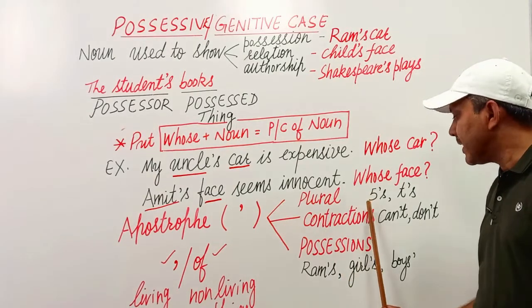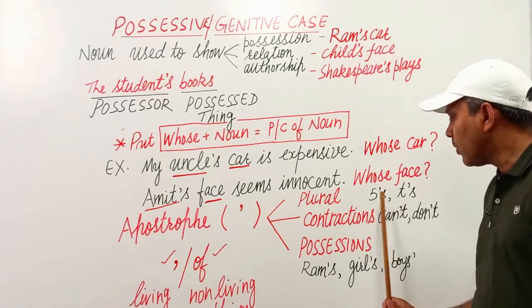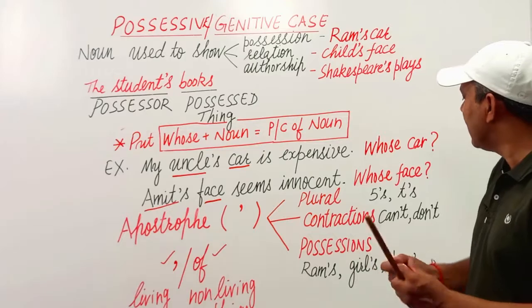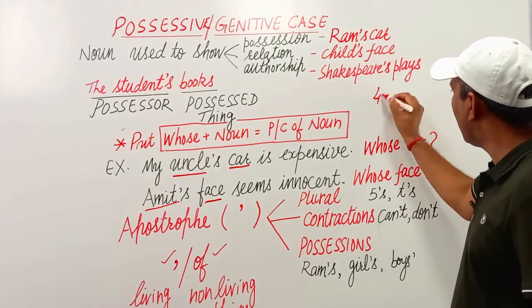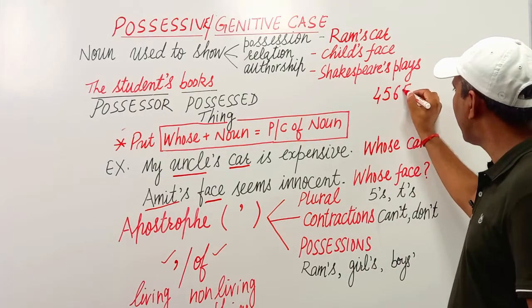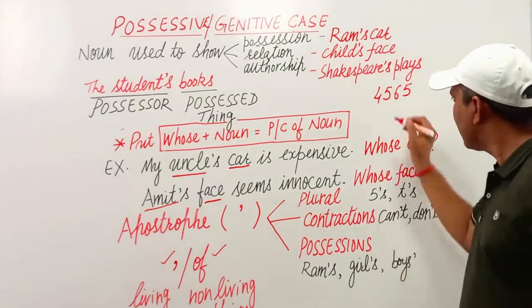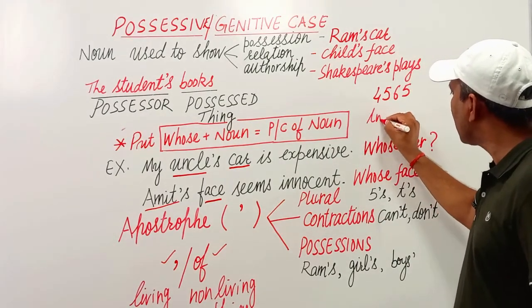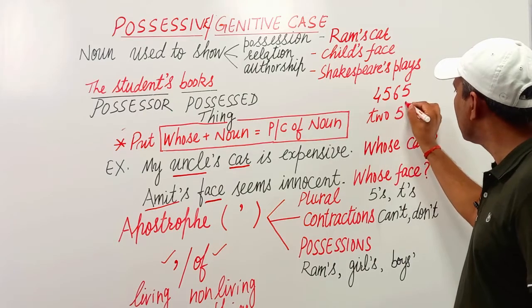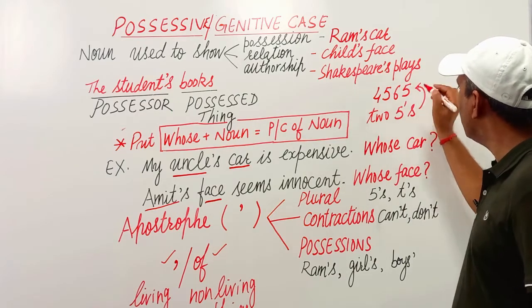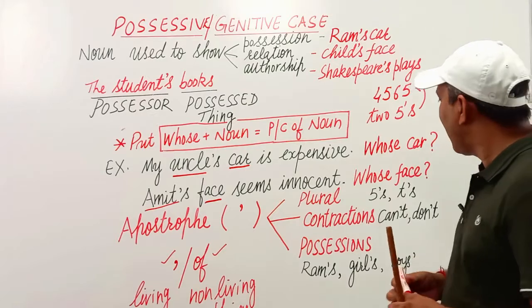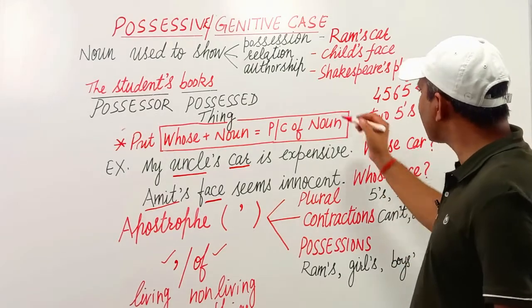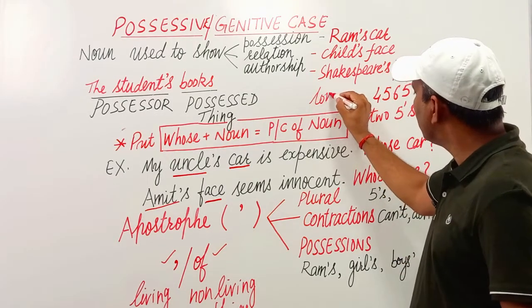For example, digits or letters, fives. For example, there is a number 4, 5, 6, 5. There are two fives in the above number. And let us take one more example, tomato.